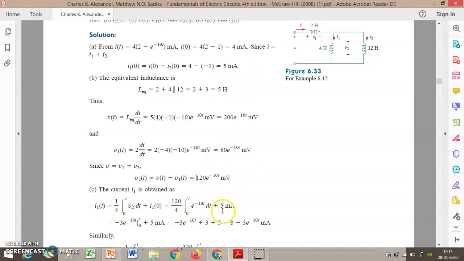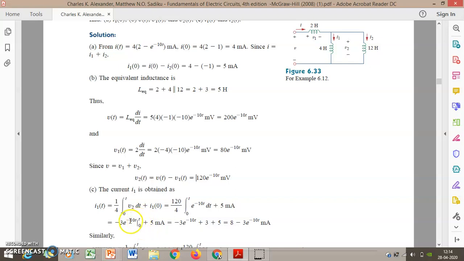So I1 of t will be this one. When you integrate this, 120 by 4 is 30, and e power minus 10t when integrated gives e power minus 10t divided by minus 10. So it will become minus 3 into e power minus 10t. We have to apply the limits t and 0.